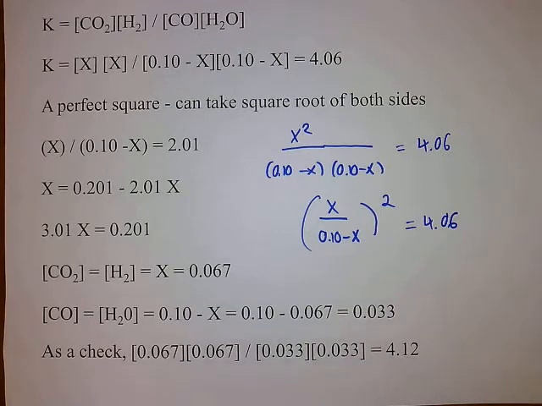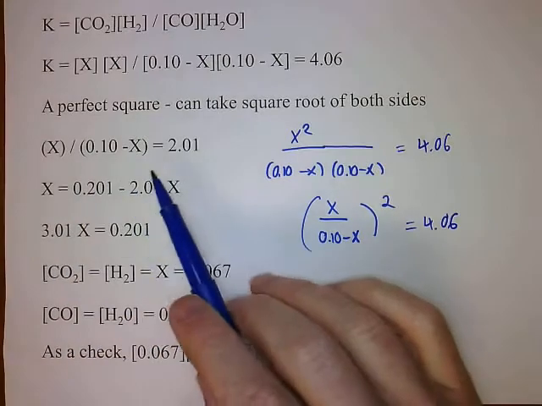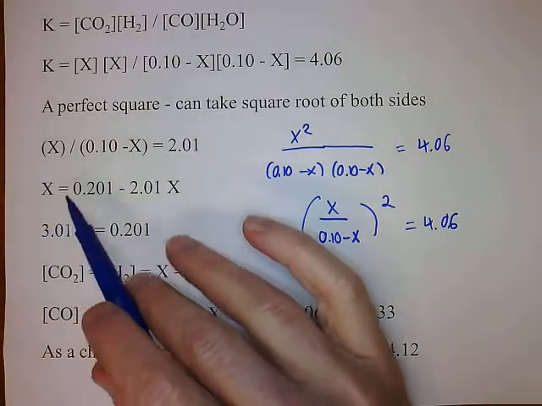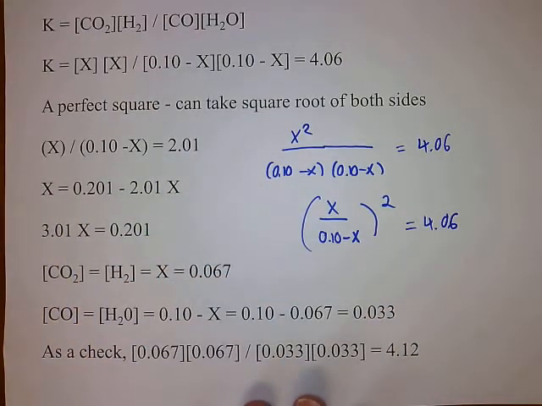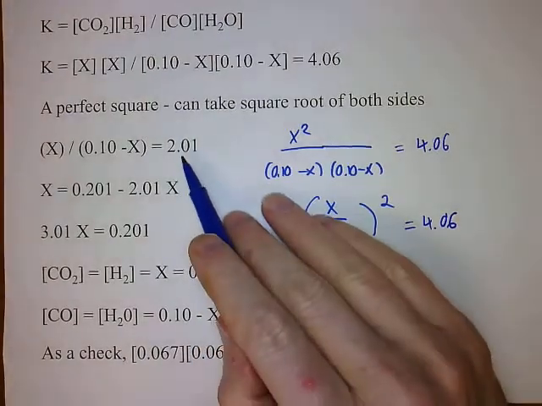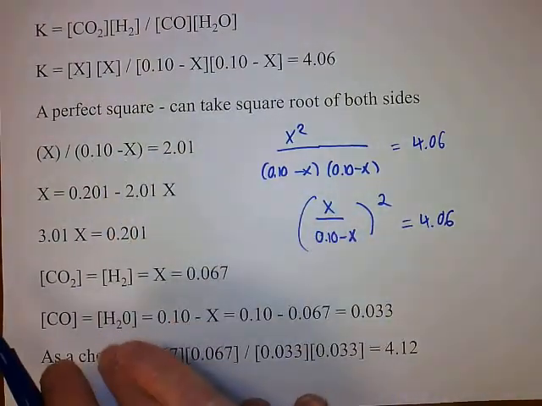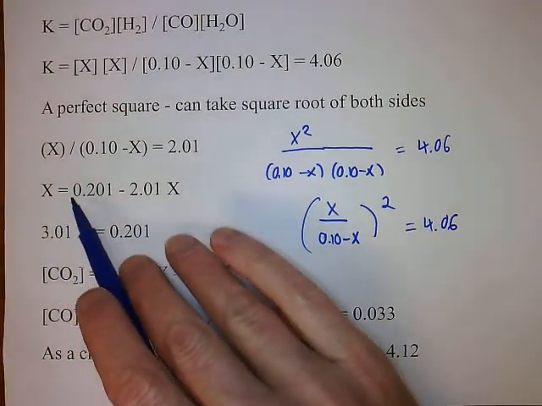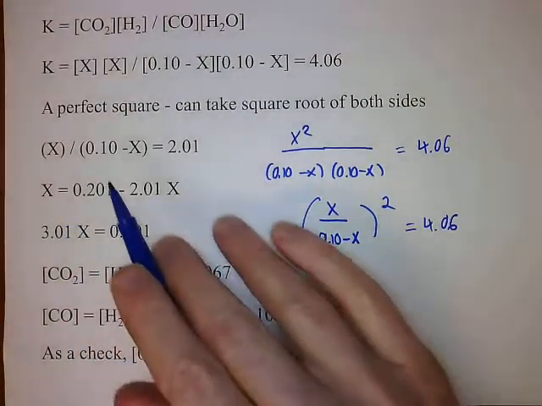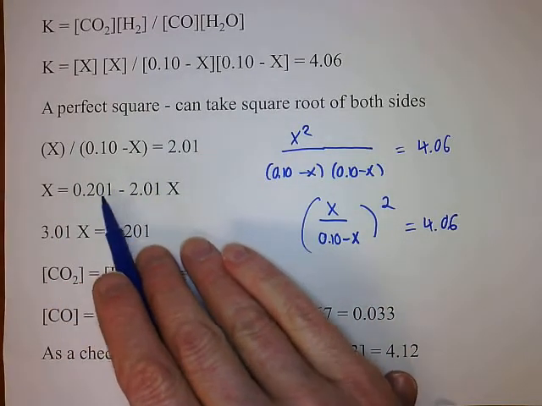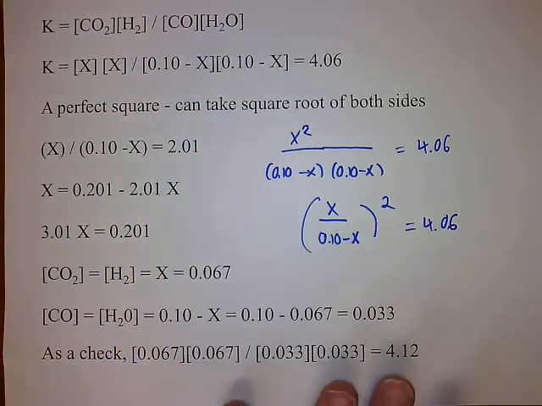Now, this should be pretty much of a cinch to solve. So x is equal to, multiply this by 2.01, x is equal to 0.201 minus 2.01x.